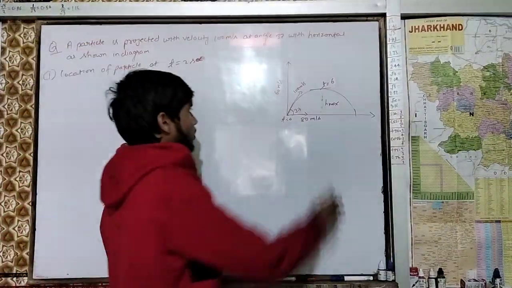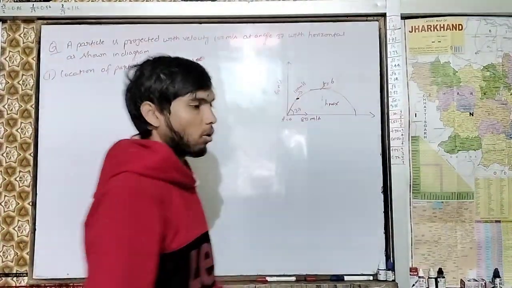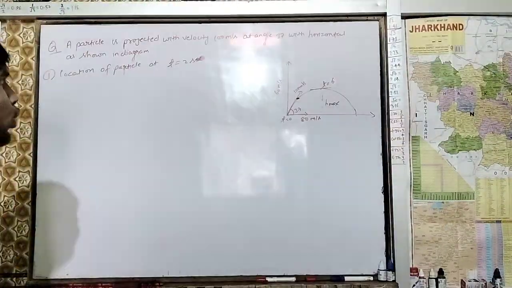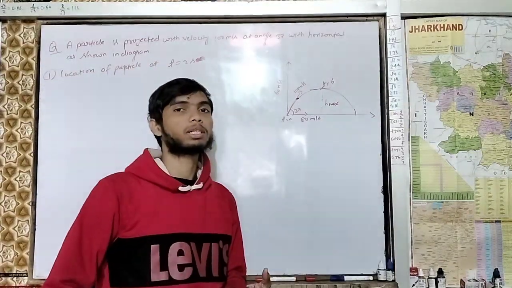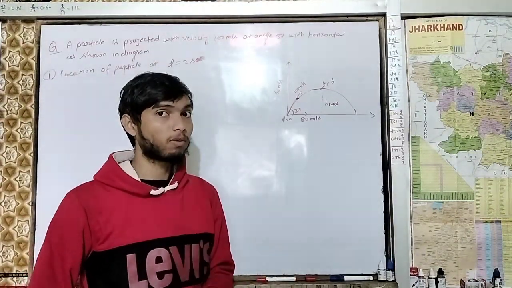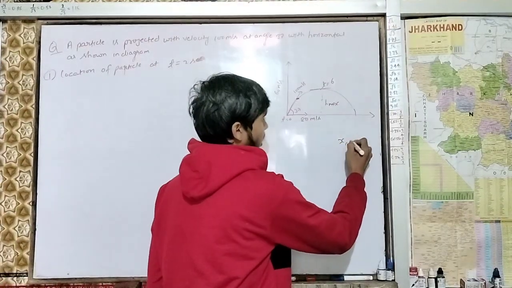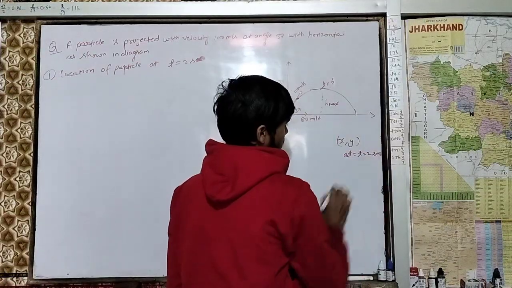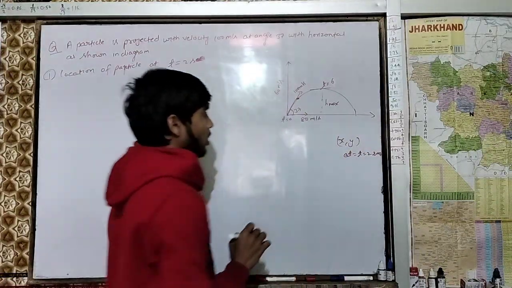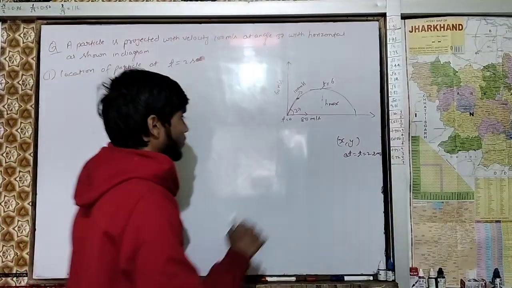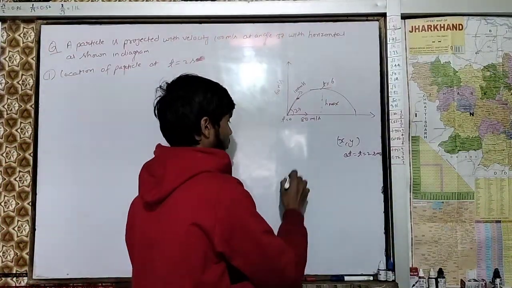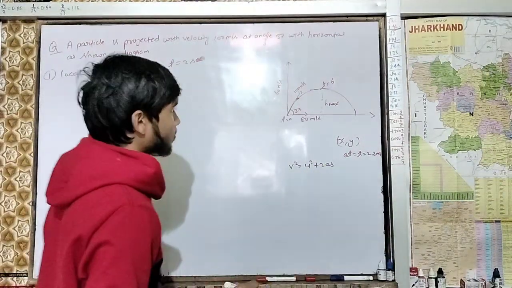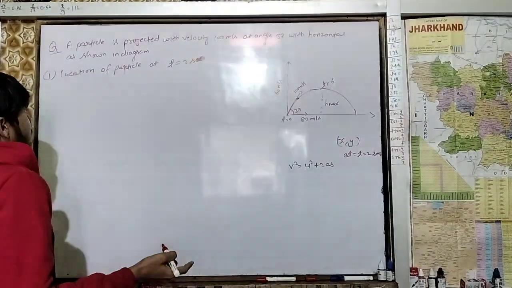So at 2 second, let's see the coordinates of this point. It is asking for this point. Coordinates means it is trying to get from us the value of x and the value of y, x comma y, but at t is equal to 2 second. So remember, when it comes to location, we use the third equation of motion, which is v square is equal to u square plus 2as. V is our final velocity.